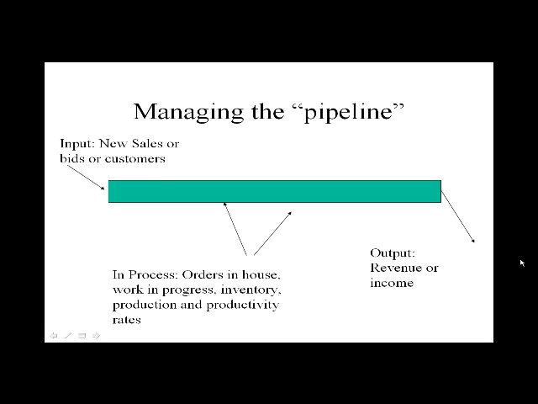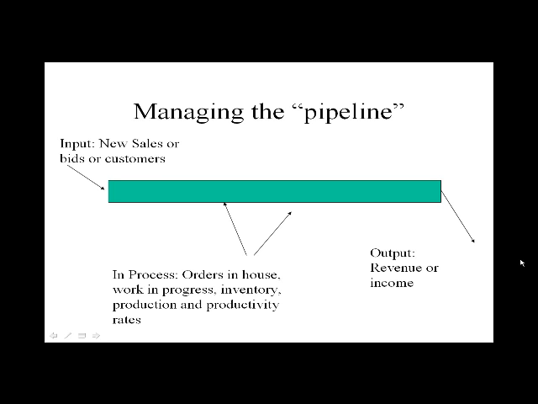When did it happen? Was the problem 2 weeks ago, back in the middle of the pipe, in the in-process portion, where maybe there weren't enough supplies, maybe there wasn't enough inventory, maybe one production line went down, maybe a couple of people called in sick, and things didn't get done?